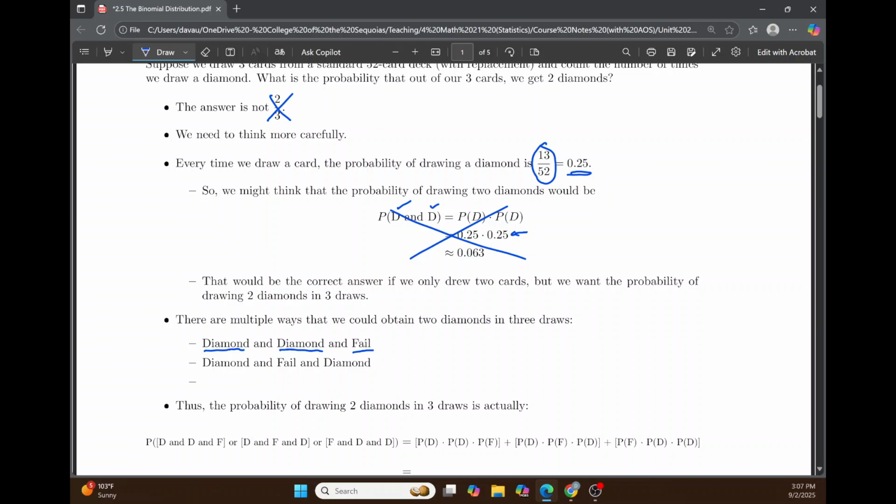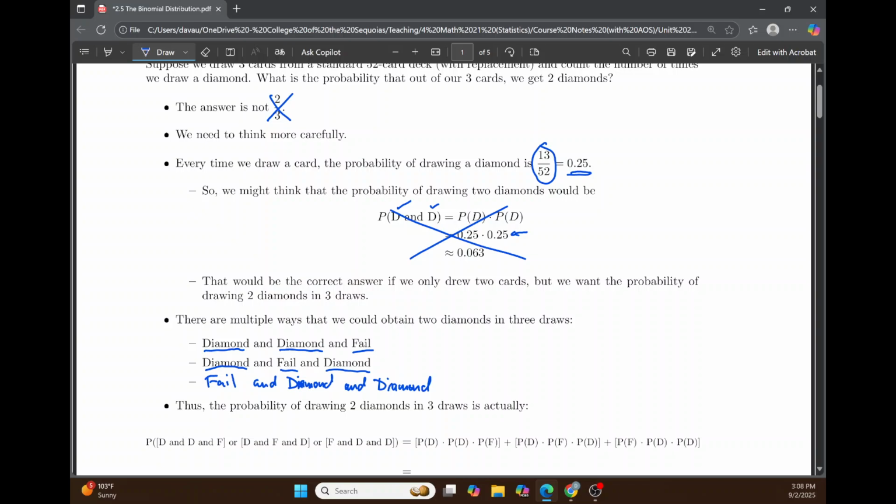Another way is we draw a diamond on our first draw, then we fail on our second draw, and then on our third draw, we draw another diamond. And then there's one more way we could get 2 diamonds in 3 draws: if we fail first and then get 2 diamonds in a row. So these are all the ways that we could get 2 diamonds in 3 draws.